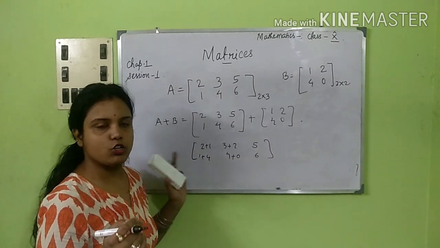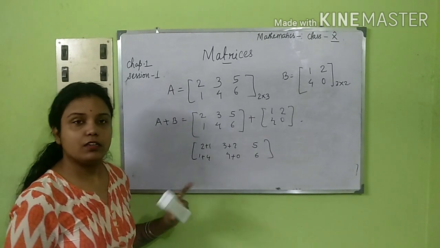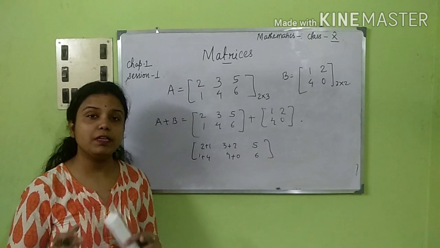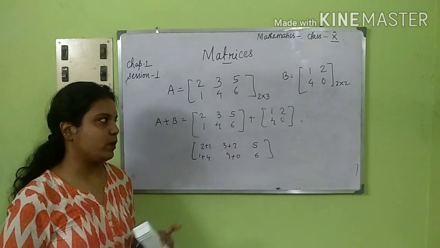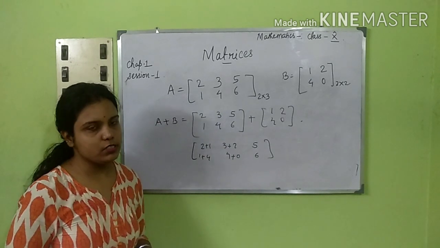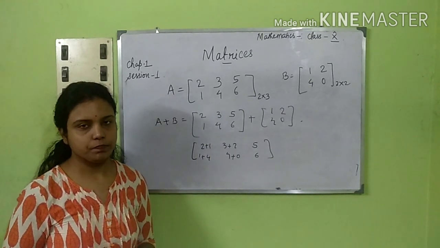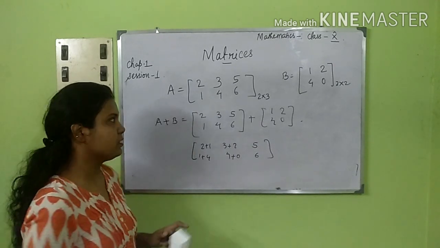So in that case, it is not possible to add two differently ordered matrices. The matrix order should be the same for addition and subtraction. Otherwise, it is not possible to add or subtract any two matrices of different orders. I hope I am clear with this example. Your doubts have been cleared.